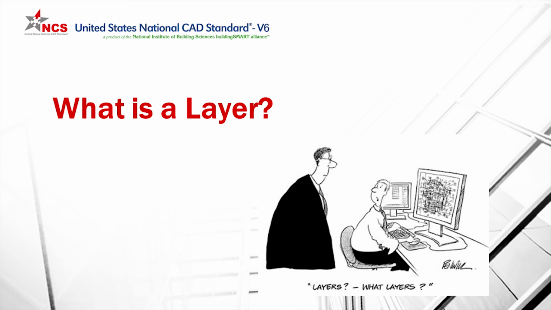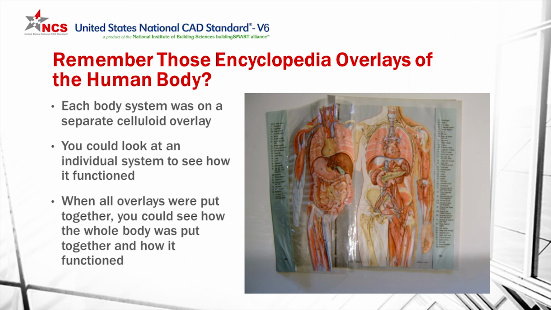If you think back, I always thought this was cool, when I'd go to the library when I was in high school, and this is probably going to date me, when we did research and looked in encyclopedias, I always thought those encyclopedia overlays of the human body were really cool. They had one on the human body, and then they also usually had one of a frog.